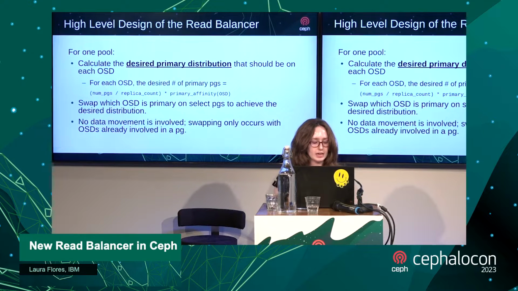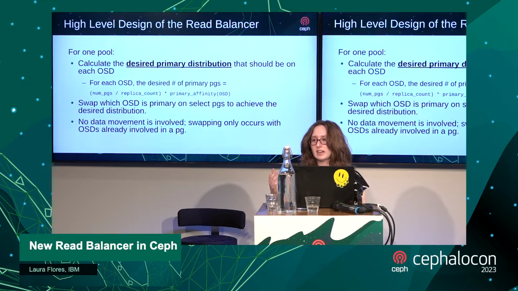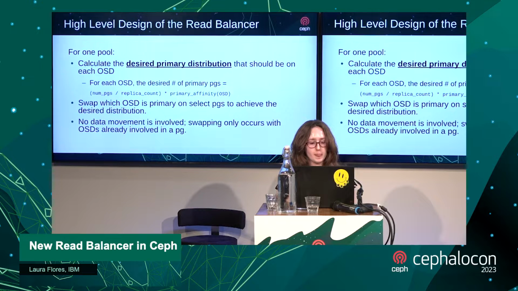To do that, we take into account the number of PGs divided by the replica count, and we multiply that by primary affinity. So if you ever end up setting an OSD to primary affinity equals 0, it would get 0 primaries, and no primaries would be assigned to it, even if that would be more optimal.